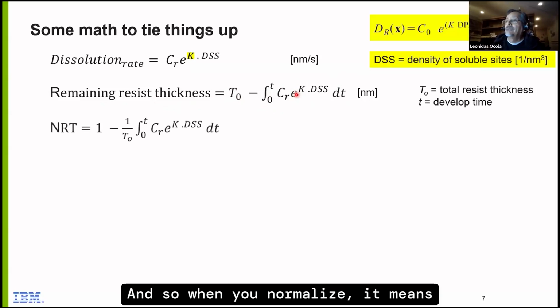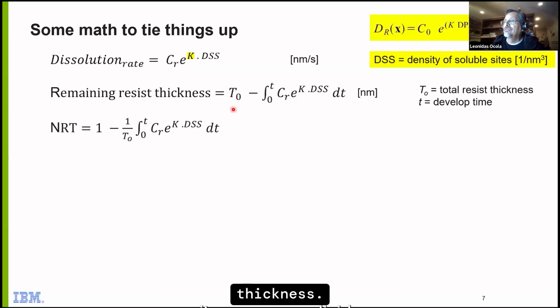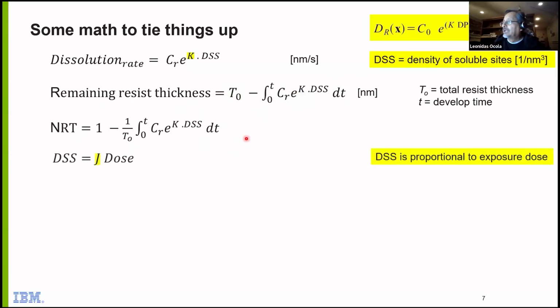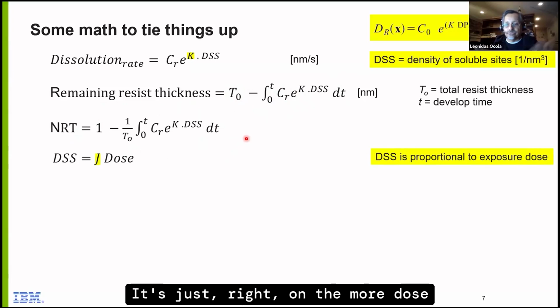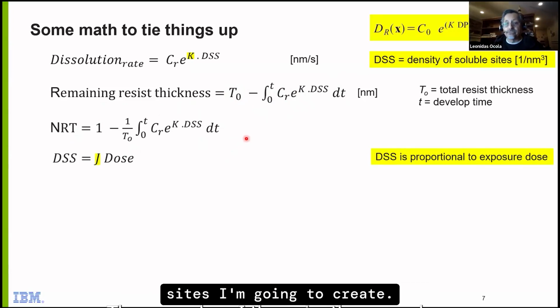And so when you normalize, it means you divide by the initial thickness, you get this formula. And then you say, well, we know that the density of soluble sites is proportional to the dose. The more dose I throw in, the more deprotection sites I'm going to create. It's all linear, so I have basically a scaling factor.